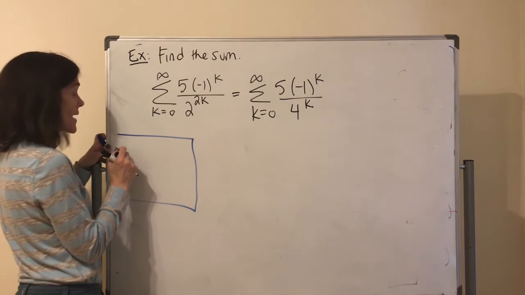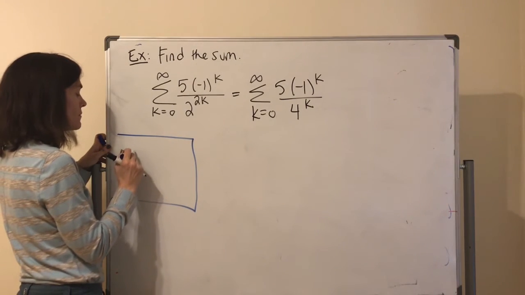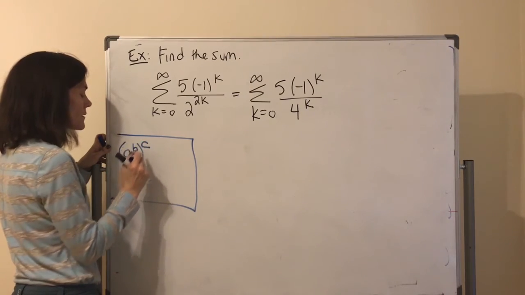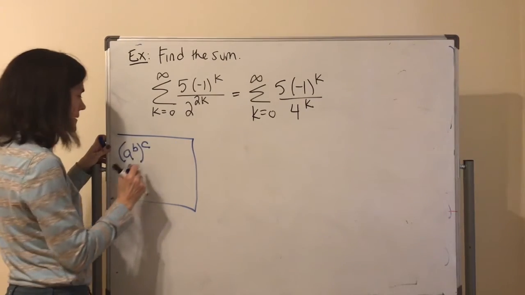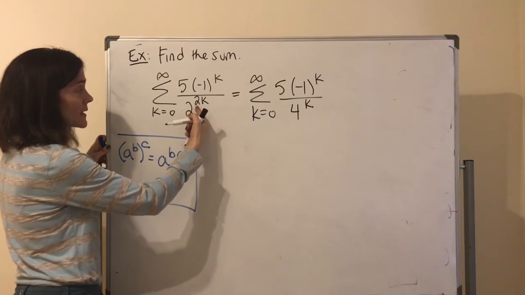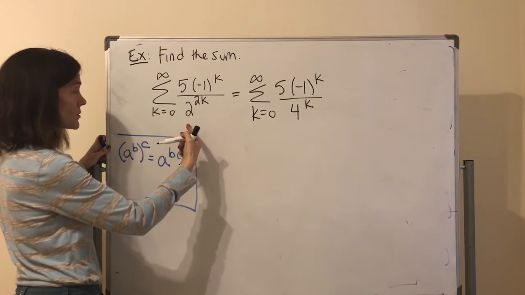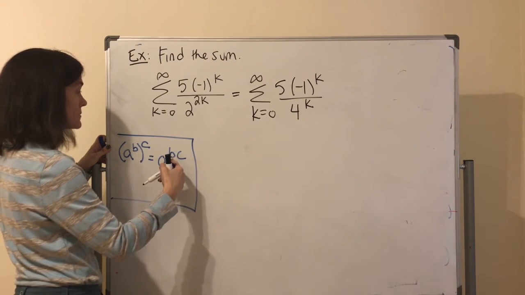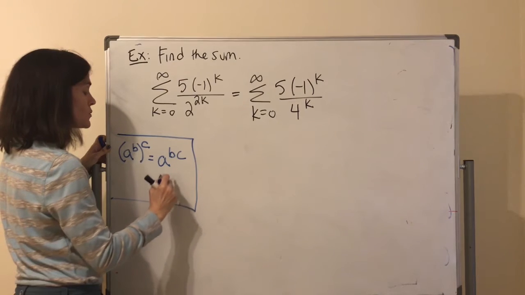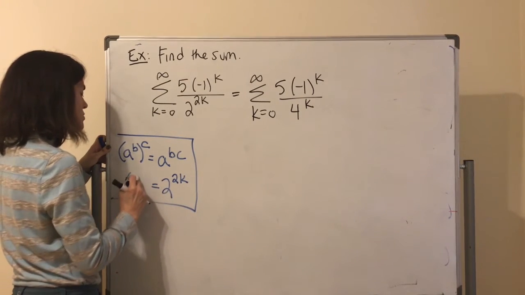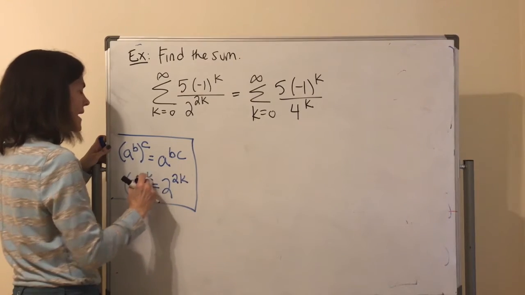If you have a power to a power, you multiply. Well, how is that here? On the one hand, this is 2 to the 2k. On the other hand, this is 2 squared to the k, right?